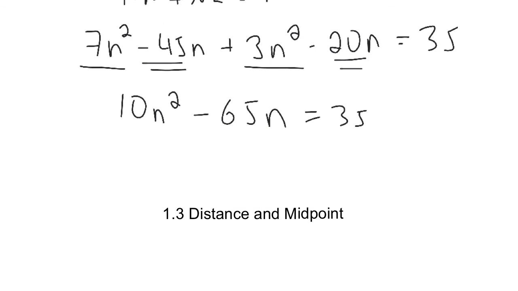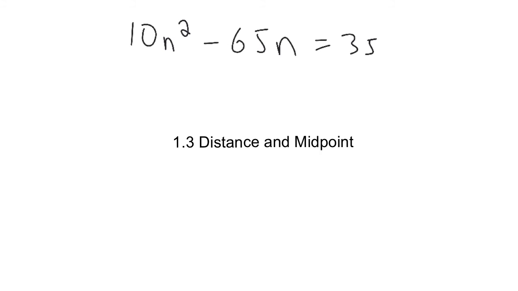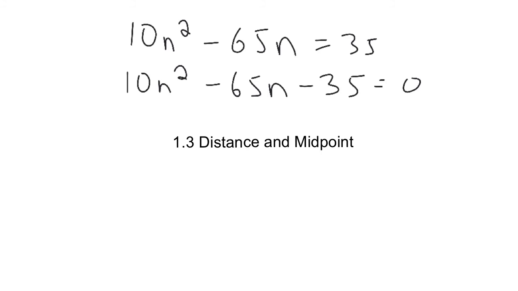So next thing I will do, I will put 35 on the left and make it equal to 0. So you get 10n squared minus 65n minus 35 is equal to 0. So how do I figure out the value of n? Now I can look at GCF. 10, 65, and 35, I can factor 5.